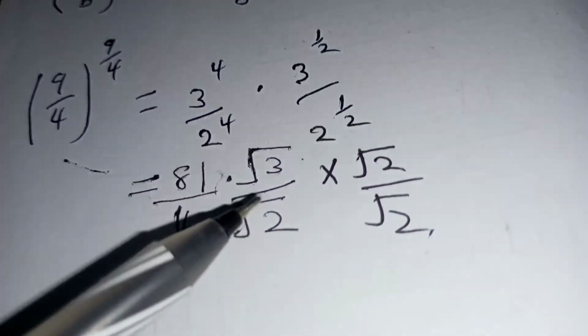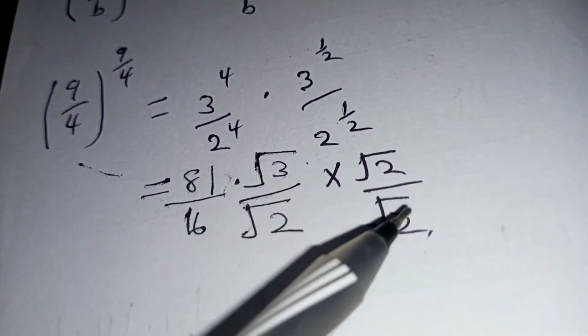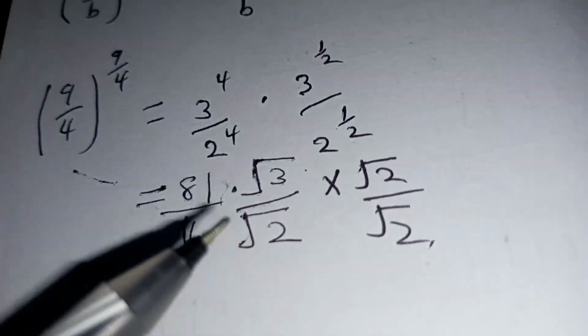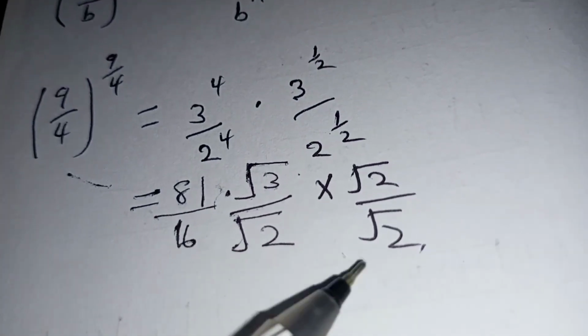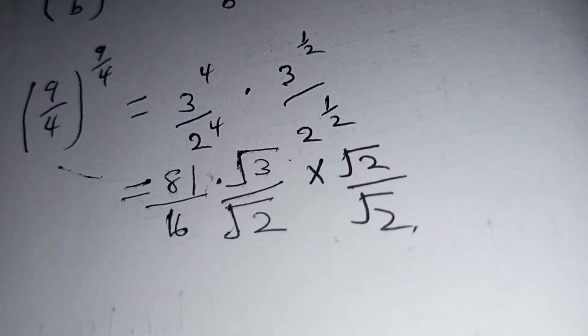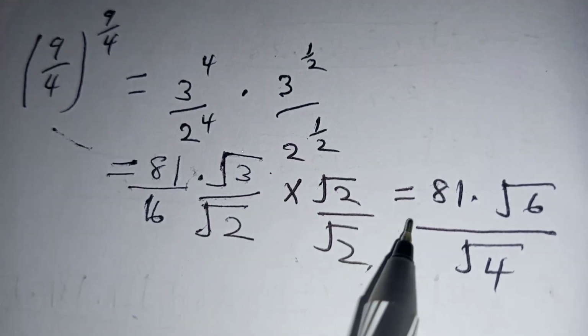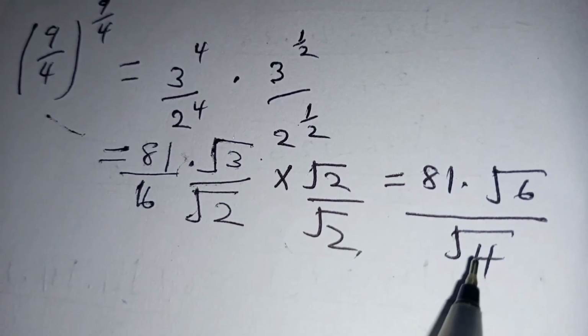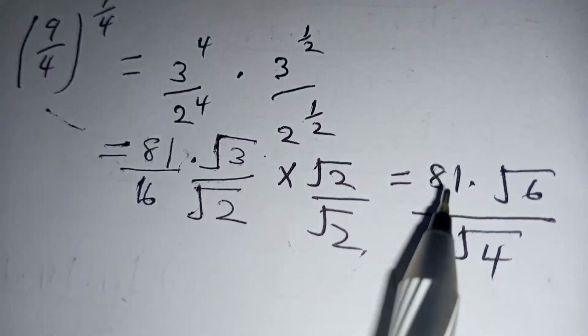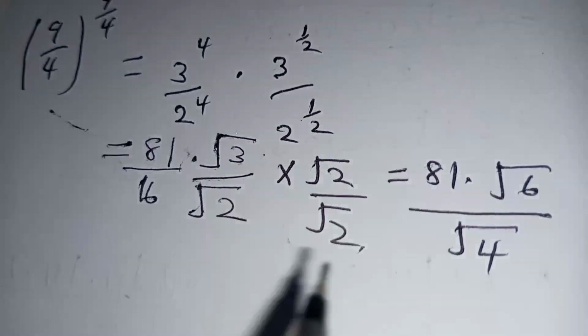So root 3 times root 2 is root 6. And root 2 times root 2 is root 4. Root 4 is 2, and then the numerator remains as it is.